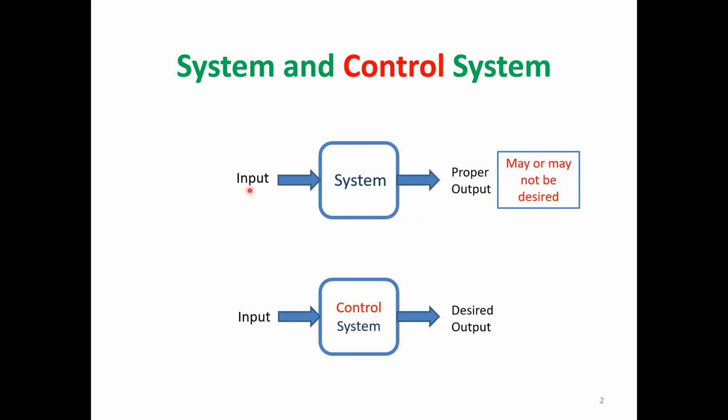Here we'll give an input and we'll get an output. But the thing is, this output may or may not be desired. Let's say if you want an output of 5, you may or may not get the 5.